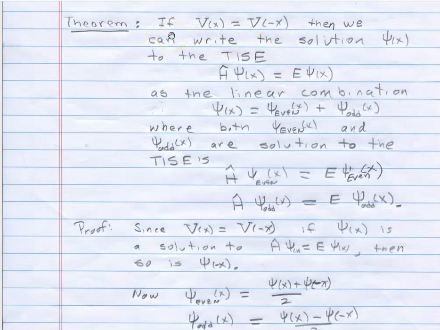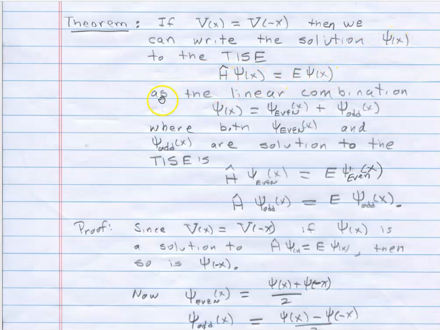If V of x is equal to V of minus x, in other words, the potential energy function is an even function, then we can write the solution, psi of x, to the time-independent Schrodinger equation, which is H operator on psi of x equal to E psi. So psi is the solution to this.